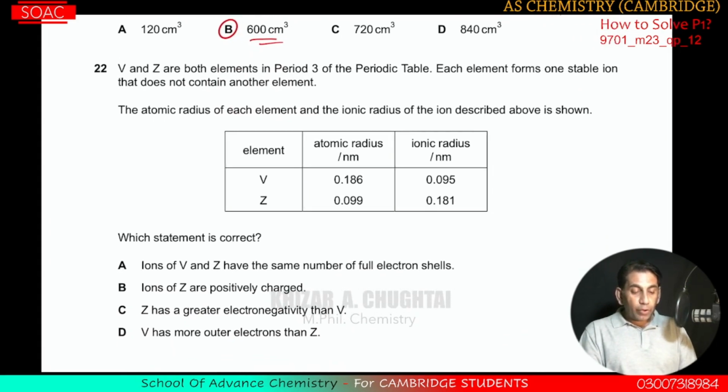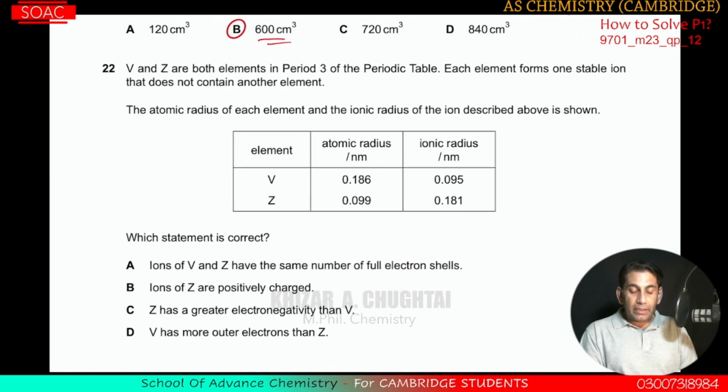V and Z are both elements in period 3 of the periodic table. Each element forms one stable simple ion that does not contain any other element, a simple metal ion or a simple non-metallic ion. V has an atomic radius of 0.186 and its ionic radius is less than its atomic radius.